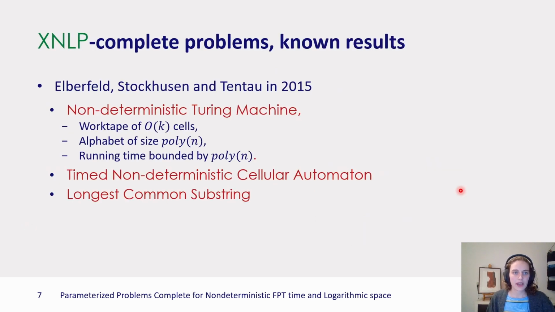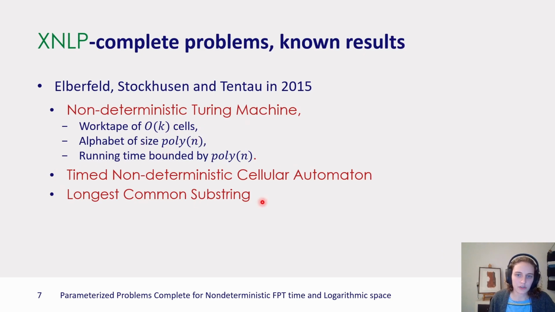So some XNLP-complete problems. These are the known results. As I said before, Elberfeld, Stockhusen, and Tantau already looked at this complexity class in 2015. And there they described this non-deterministic Turing machine problem that I quickly explained before. So there's this question of whether the non-deterministic Turing machine ends in an accepting state.